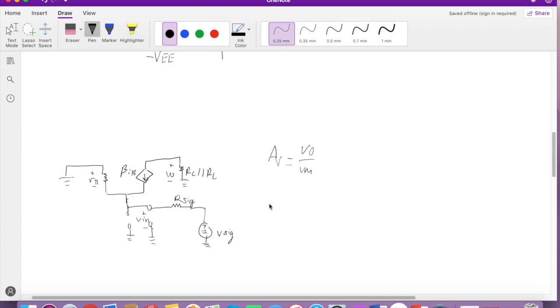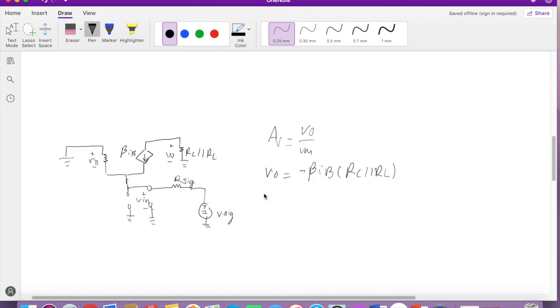And we know that the voltage is current multiplied by resistance. So V naught here is clearly equal to beta IB multiplied by RC in parallel with RL. But wait, we're not done yet, because we notice that the Vout is not following the passive convention with the current source. So that means we have to make this a negative.